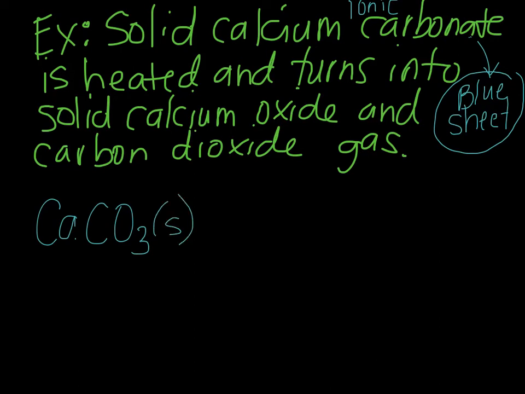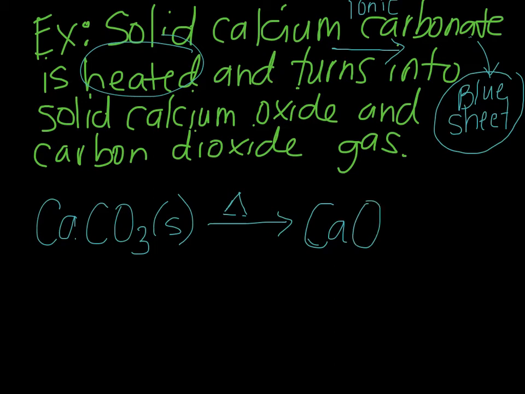It says it's heated and turns into. So that means this is our only reactant, and it's going to yield solid calcium oxide and carbon dioxide gas. So we're going to write our yields, and if you notice it says that it's heated, so that means you're going to write the little triangle over the top. And calcium oxide would be Ca, obviously for calcium, and O for oxygen.